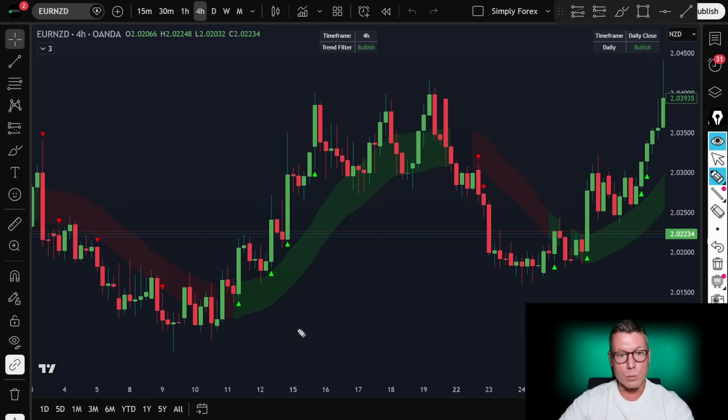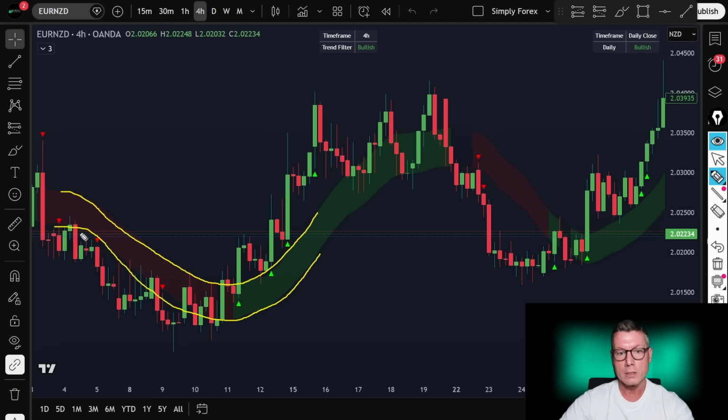Now, the first thing I want to point out is our smart river. So you can see this river that flows through the chart has actually changed color as well. So when we see a red background, we are in a downtrend. And when you see a green background, we are in an uptrend. And this is the H4, okay?